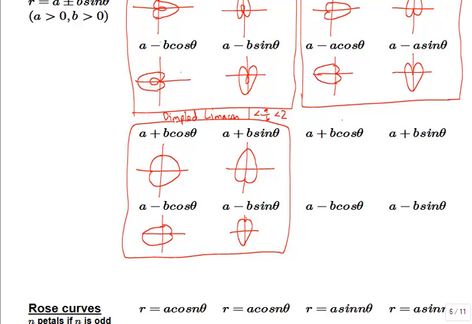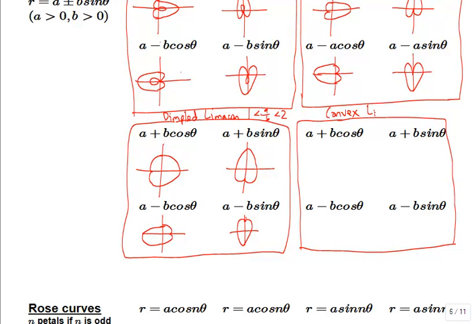And then for the last four here that are also limaçons, this is called a convex limaçon, and this occurs when your a divided by your b is greater than or equal to 2.